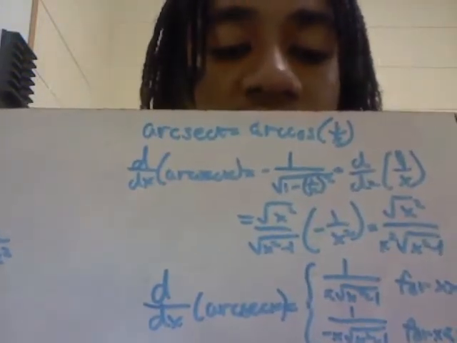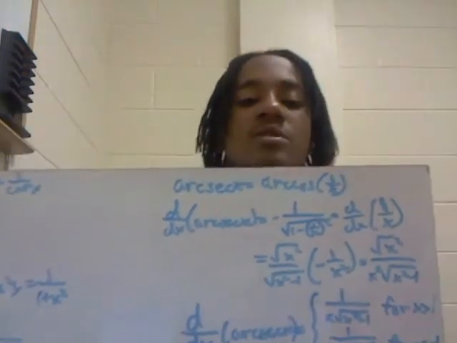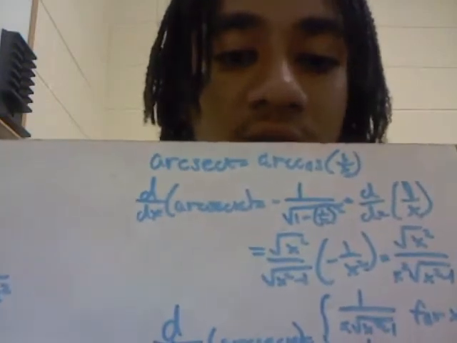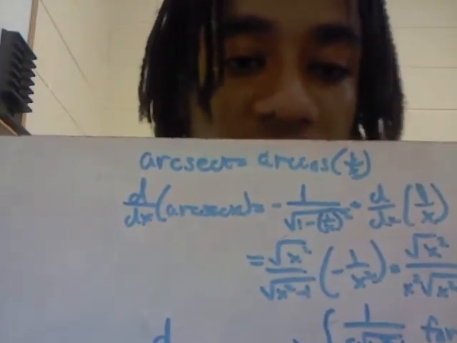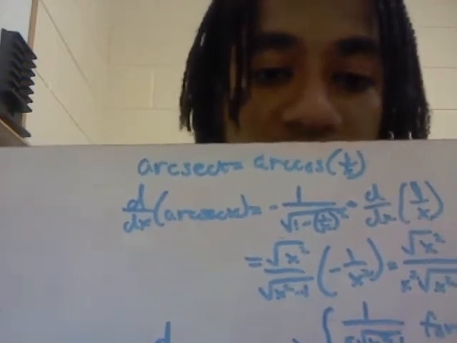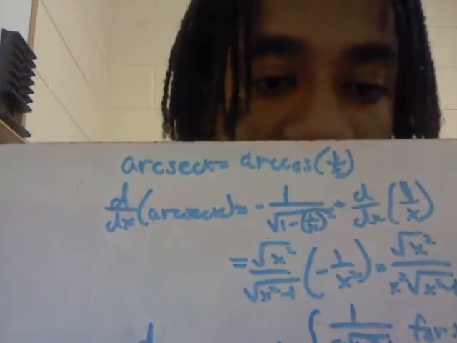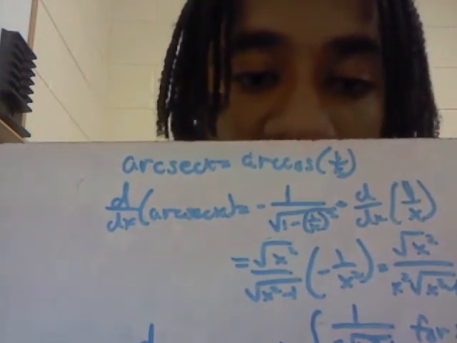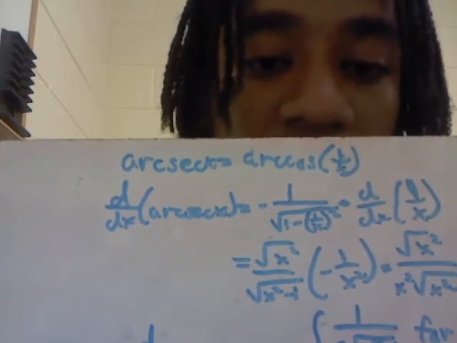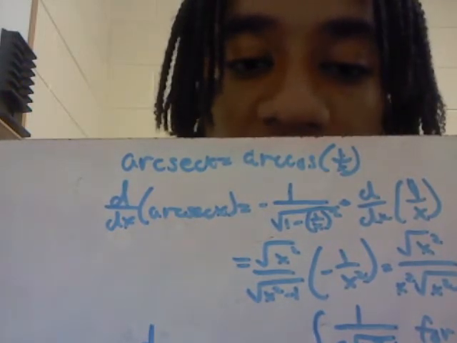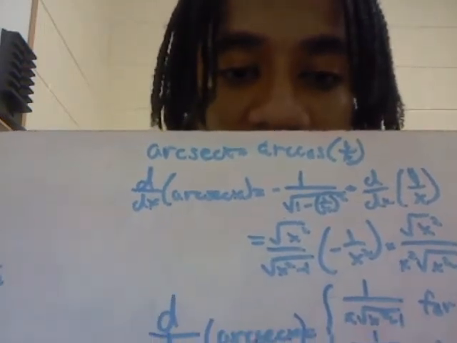For the arcsecant derivative, we will use this method. Arcsecant x equals arc cosine of 1 over x. The derivative of arcsecant will give you negative 1 over square root of 1 minus 1 over x squared, times the derivative of 1 over x.